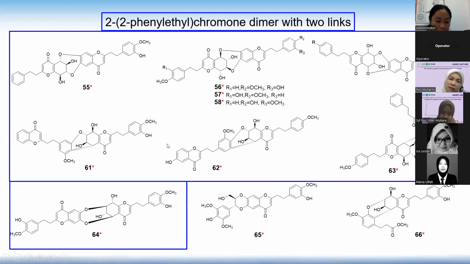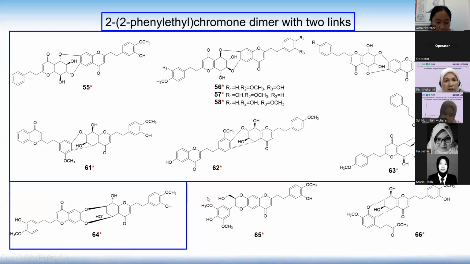The third type of linkage, look at 61 to 63, is a compound connected with one ether linkage and one carbon-carbon linkage, which can connect the chromone part with the benzene part, but can also connect two chromone parts.